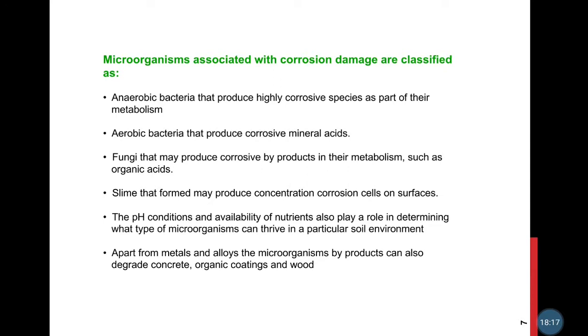So pH condition pun sangat penting, dan macam bakteria yang perlu hidup dalam keadaan low nutrient ataupun ada yang perlu hidup dengan adanya nutrient. So this condition akan menentukan which microorganism yang akan associate dengan corrosion dekat satu-satu site.